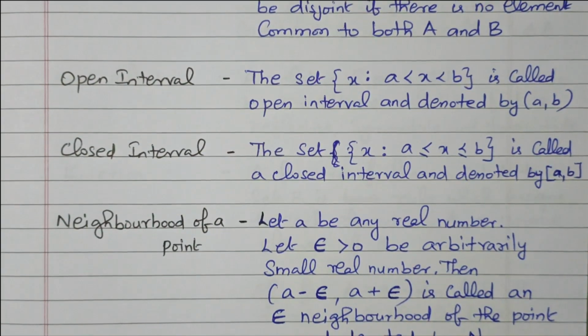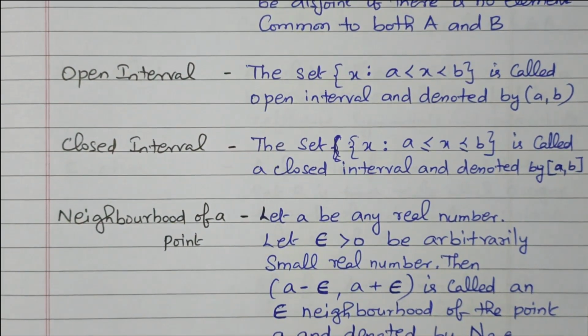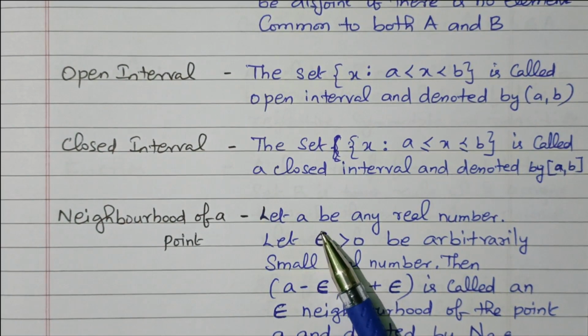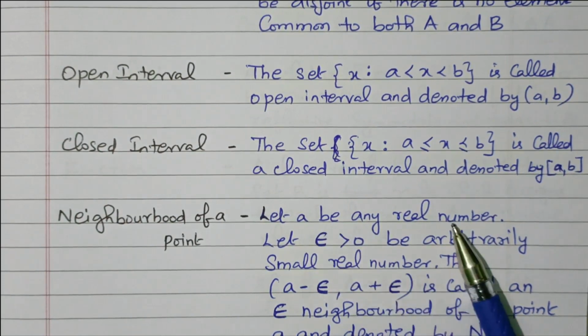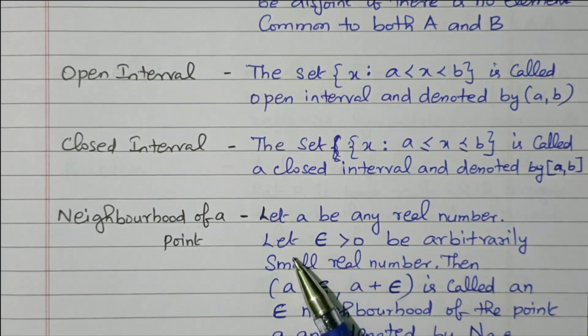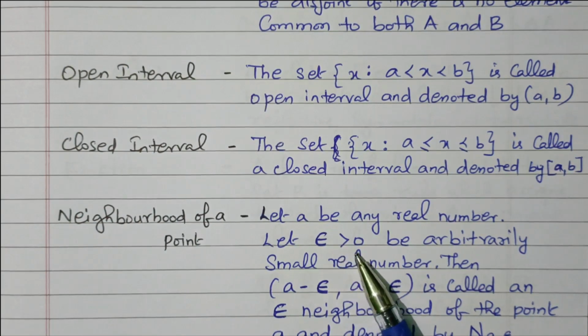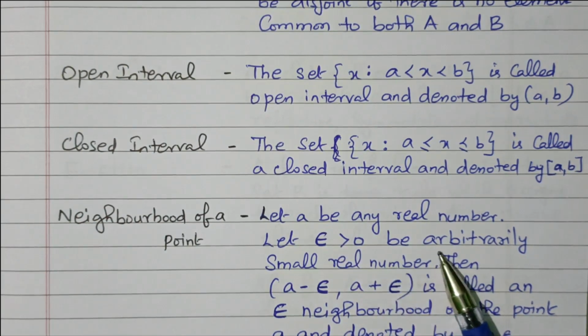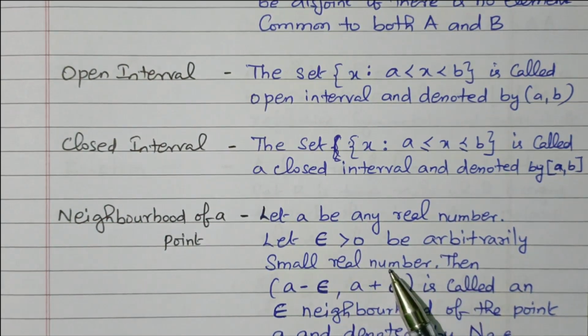Next one, neighborhood of a point. Let a be any real number, and let epsilon greater than 0 be an arbitrarily small real number.